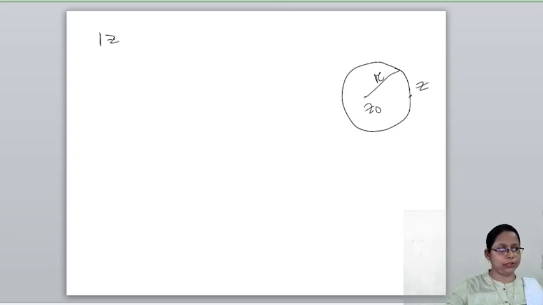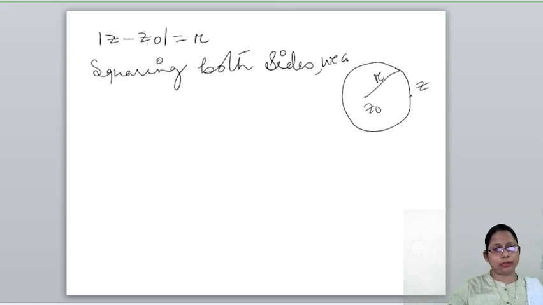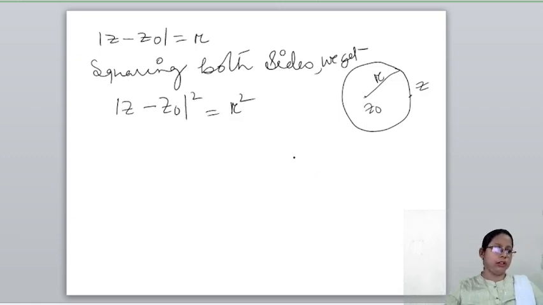Then the distance modulus of z minus z naught is my r. Squaring both sides, we get modulus of z minus z naught squared is equal to r squared.